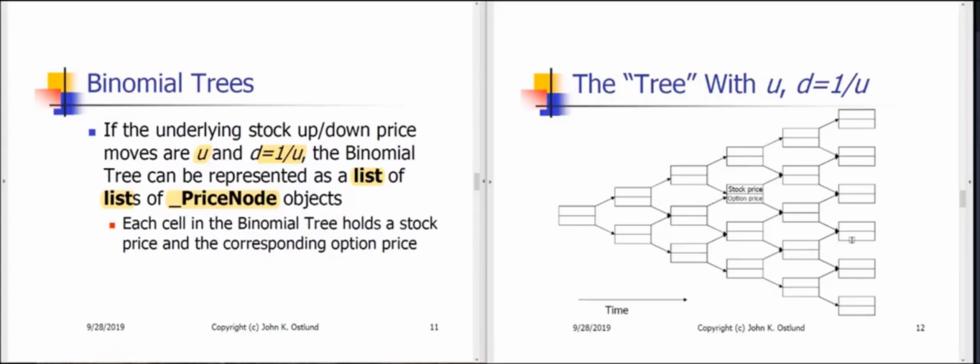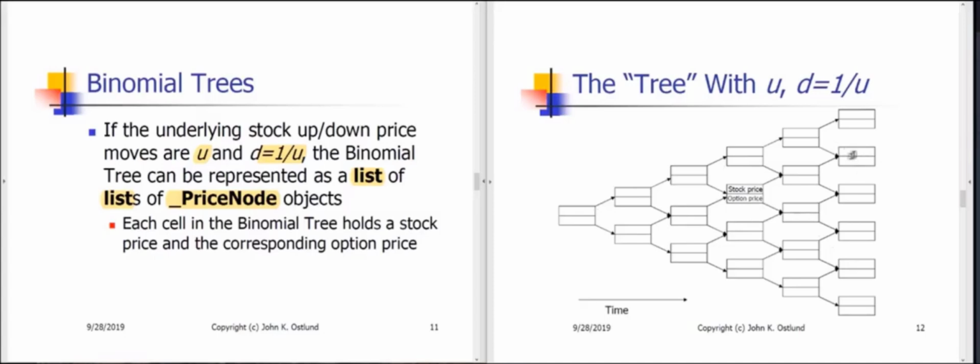Eventually, we get to time T, the expiration time, having taken 5 time steps. And this upper right node is going to contain the stock price based on going up 5 consecutive times. Likewise, the lower right stock price will be the price from going down 5 consecutive times. The nodes in between can be arrived at through several different up-down permutations.